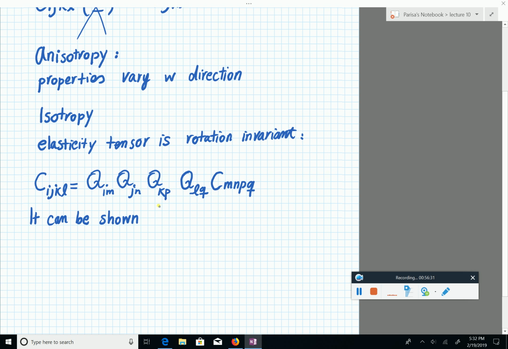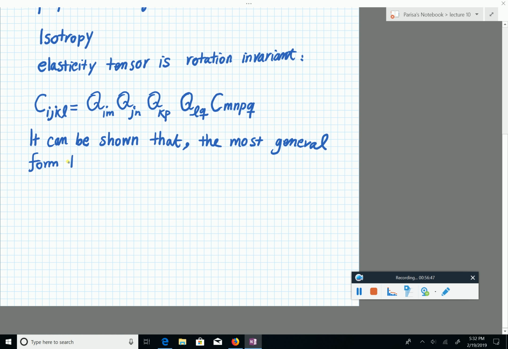It can be shown that, right? The most general form that satisfies this is this.